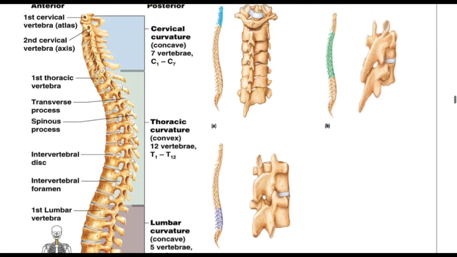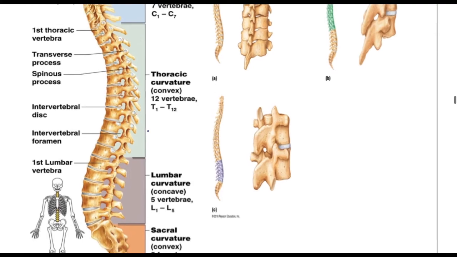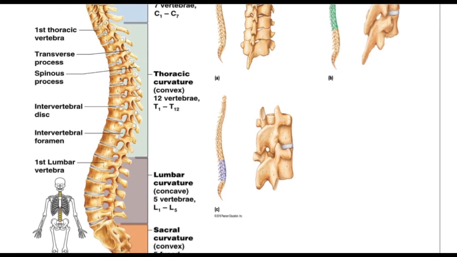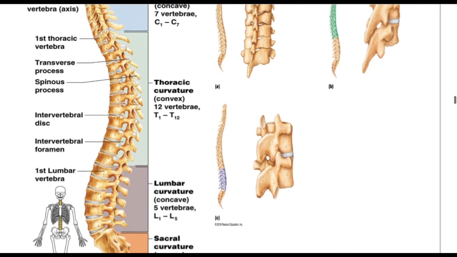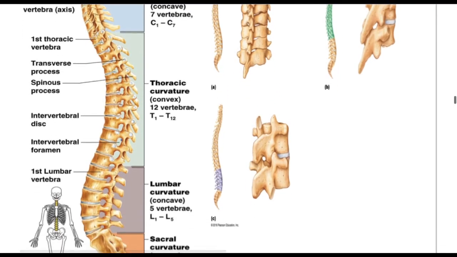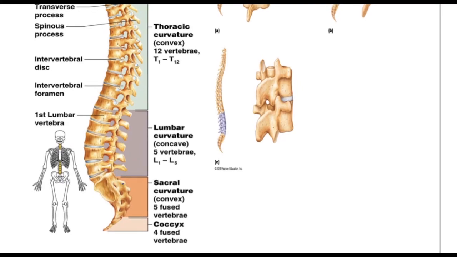As you see, our spinous processes here, as well as the vertebral bodies, vertebral bodies get bigger, spinous processes get longer. And see this natural curve within the body. Okay. We have a thoracic curve, a cervical curve, and a lumbar curve. We even have a sacral curve as well. And the coccyx is just four, and they're fused, and so is the sacral.